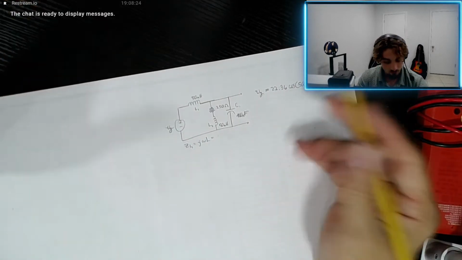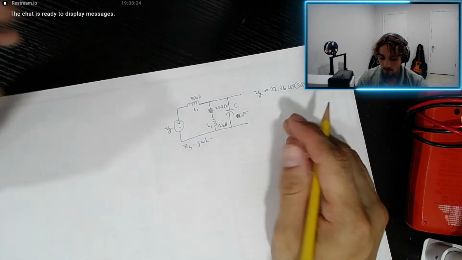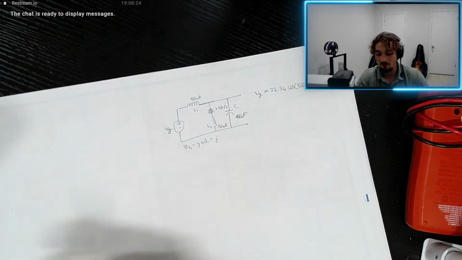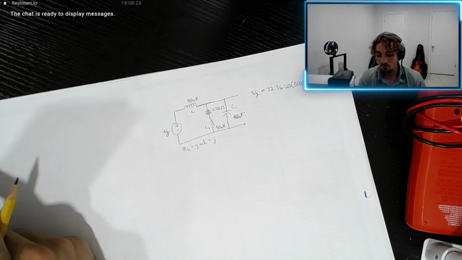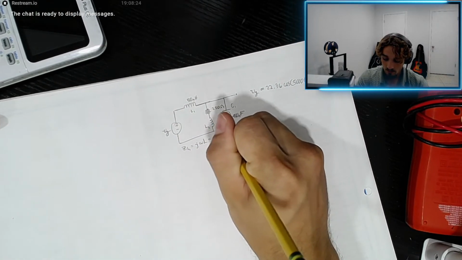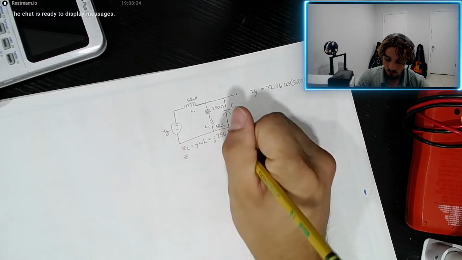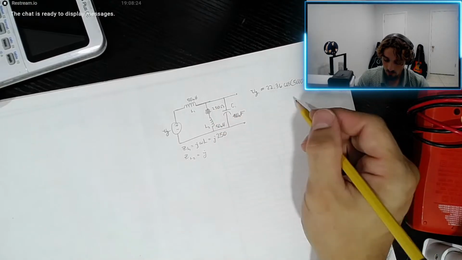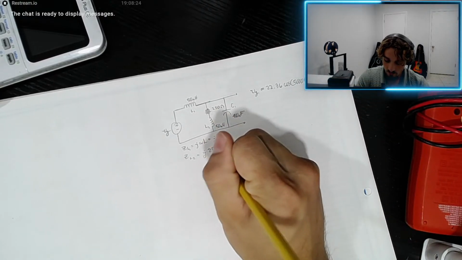Alright, where we at? ZL equals j omega L. Our omega is 5,000, so we have j, 5,000 multiplied by 50 millihenry, 5e3 times 50e negative 3, that'd be 250. Okay, ZL2 equals j, same thing, 250.